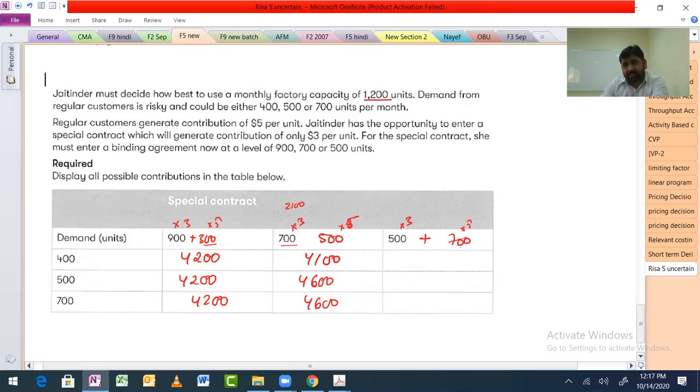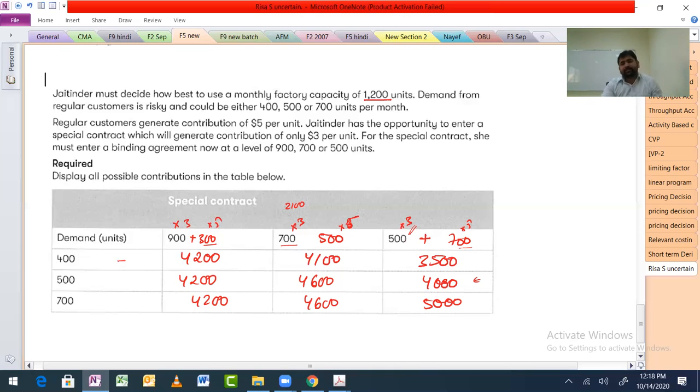So this is 15 and this is 35, that is like 5,000. But if the demand is only 500, then you will be able to sell only 500. So 5 into 3 is 15, and 5 into 5 is 25, so that is 4,000. And again, coming back to this one, you will be getting 1500 from here, but then at this point you will be getting 4 into 5, 2000. So that is like 3,500 only.